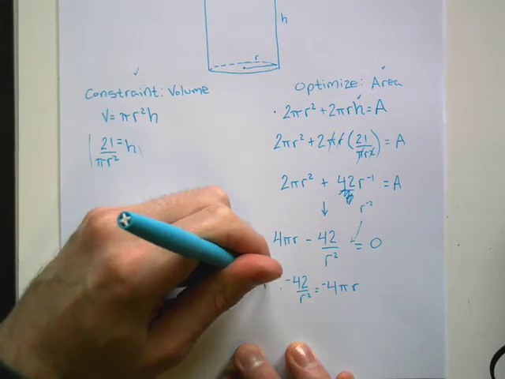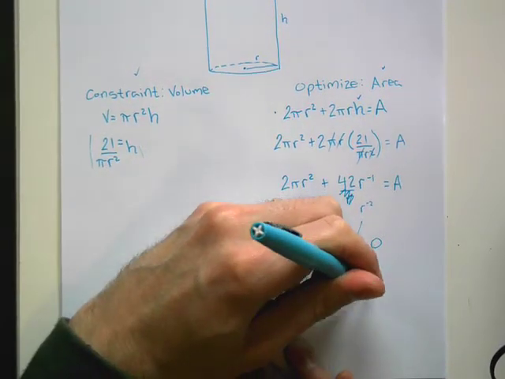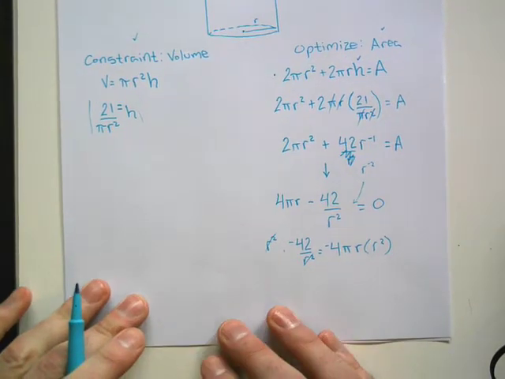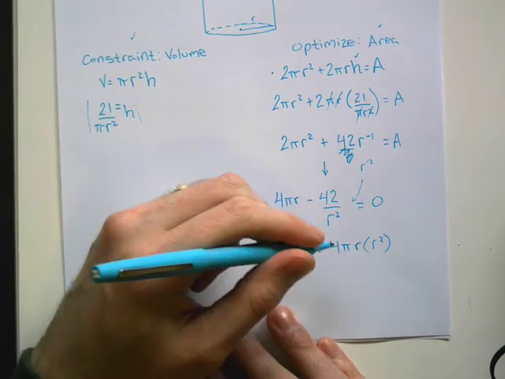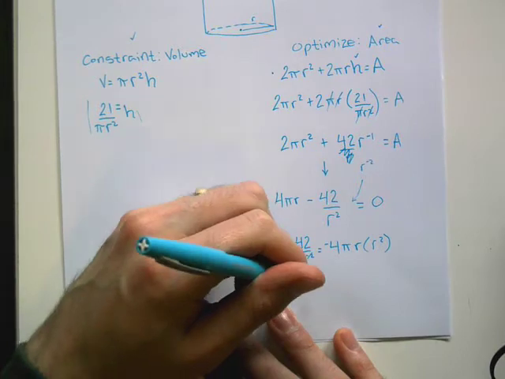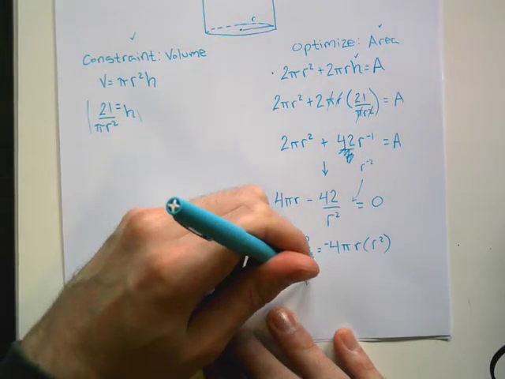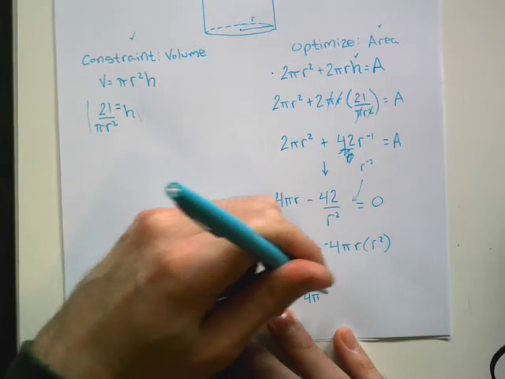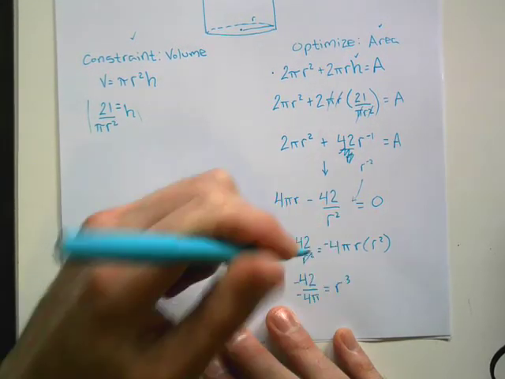I want to bring my r squared over to the other side. So it looks like this. And when I'm solving for r, I'm going to end up having negative 42 over negative 4 pi equals r to the third.